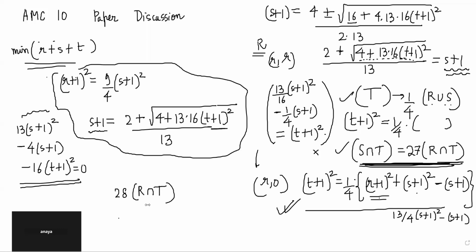So all we need to do now is count R intersection T. That should be equal to T plus 1 whole square. Do you understand what I'm saying? So then we need to get an expression for this R intersection T part. Let's think about it. It's the pink part to the right side of the y-axis.